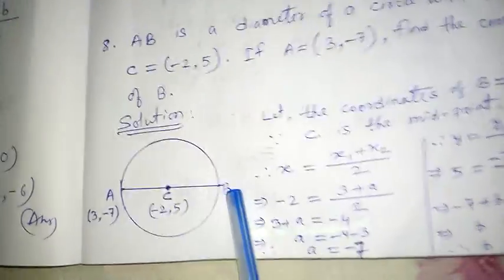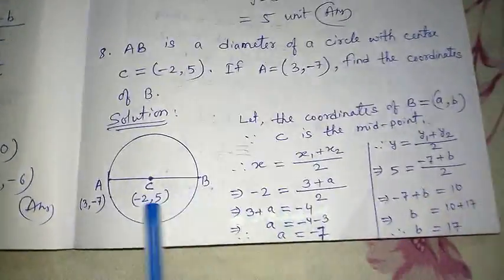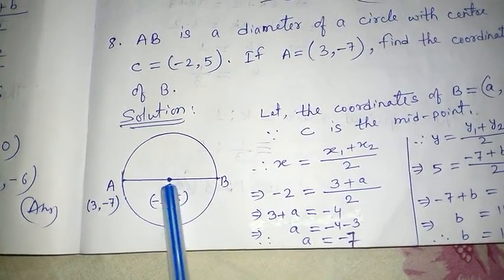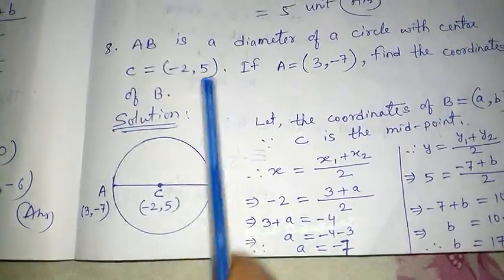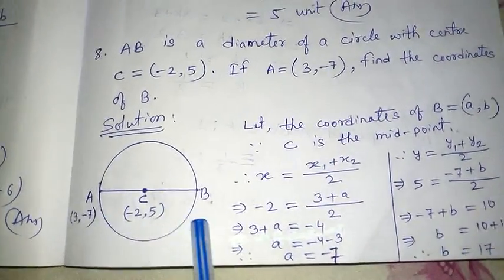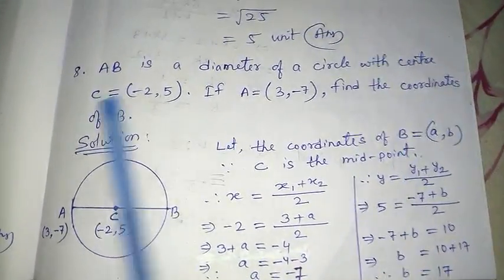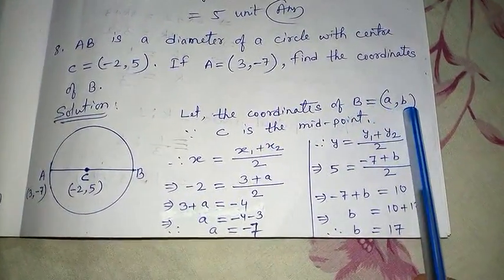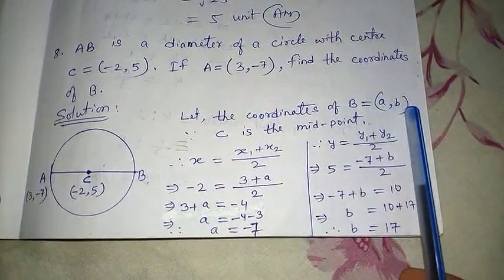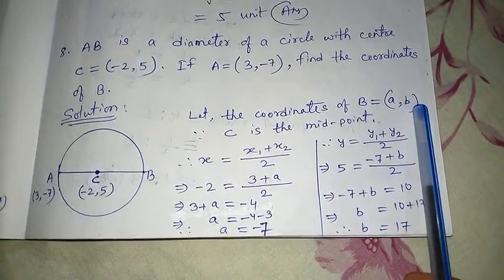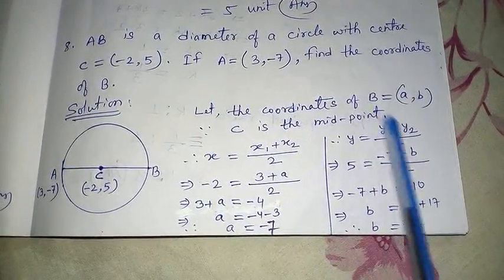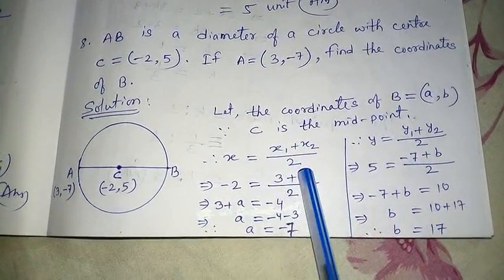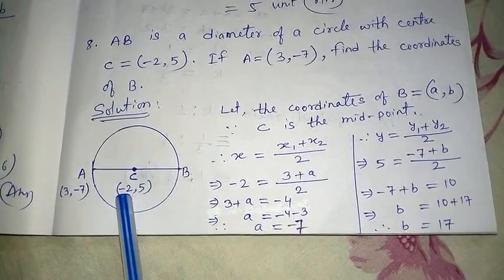That means midpoint formula will come. They have not said midpoint, but knowledge, because AB is diameter and C is the center means it is the midpoint portion. So C value is given here. I wrote here. A is here. They are asking you the coordinates of B. So easy. I will write, let the coordinates of B equal to A comma B. You can write x comma y also, no problem, but I wrote A comma B. That means C is the midpoint, we know this, and midpoint formula is x equal to x1 plus x2 by 2, where you know x means this minus 2.